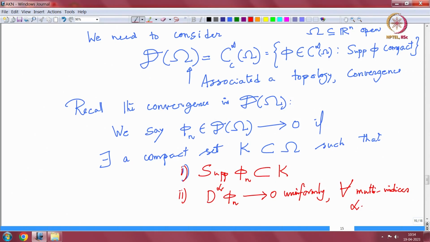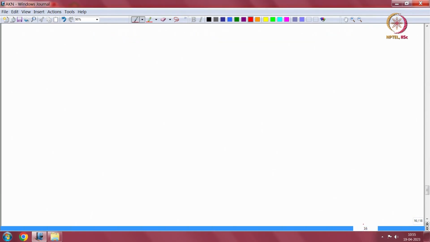You can see various references, probably some of them Keshavan, Rudin. There are many; anyway, we will be giving a list of references. There are many books if you want to study this convergence. Okay. All right. So, we will go to the next page.